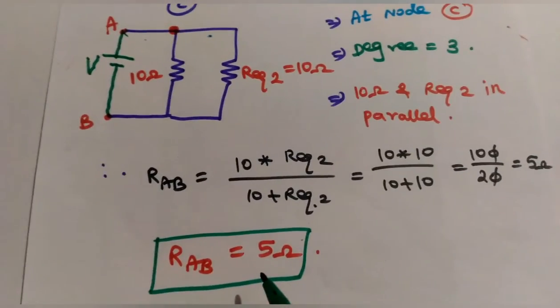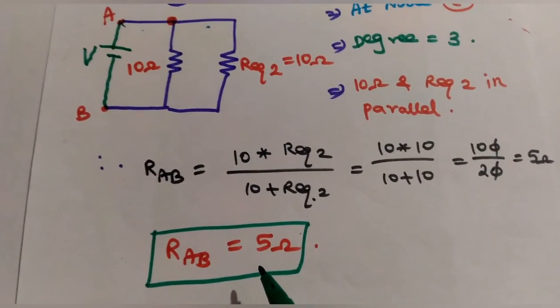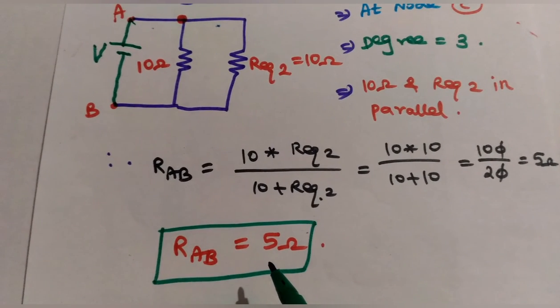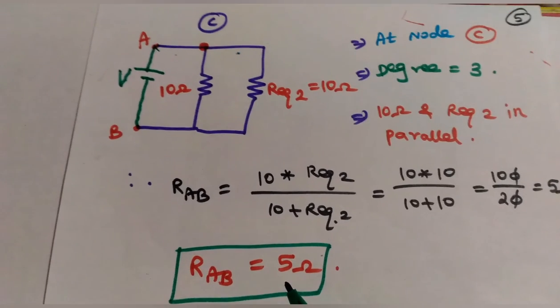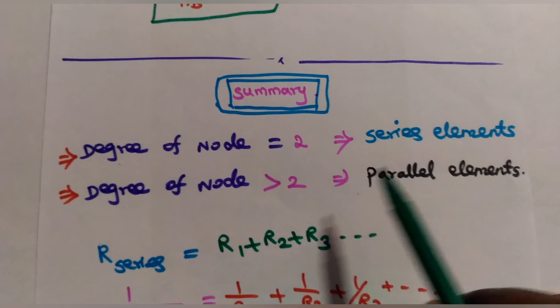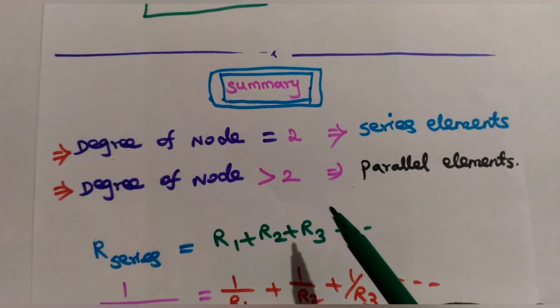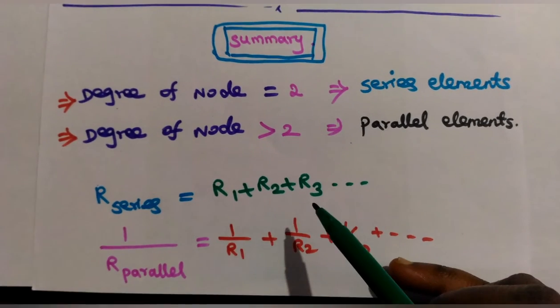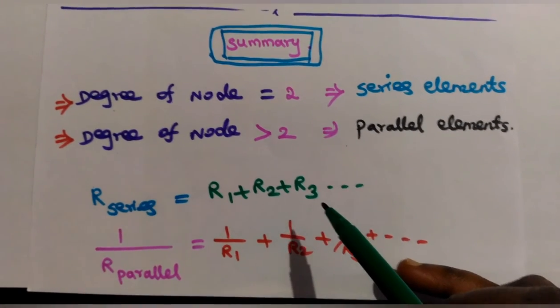So these are all the steps: how to identify whether the elements are connected in series or parallel, and how to simplify the series combination and the parallel combination of resistances. The summary of this topic: if the degree of the node is 2, the elements are connected in series. If the degree of the node is greater than 2, the elements are connected in parallel. If the elements are connected in series, just add the values R1 plus R2 plus R3.